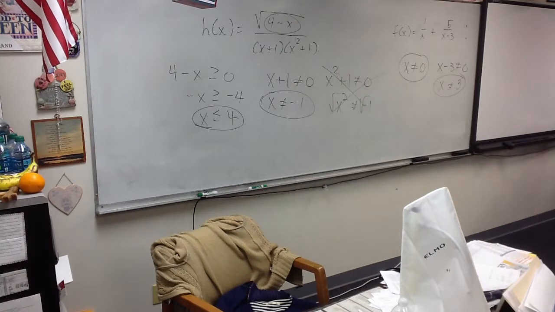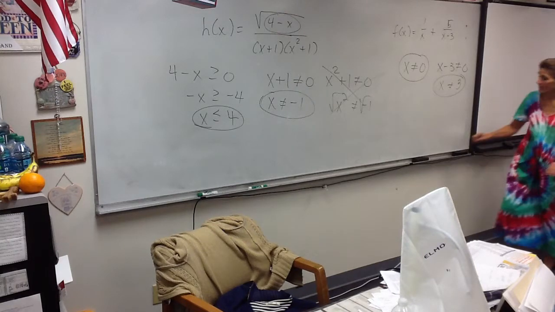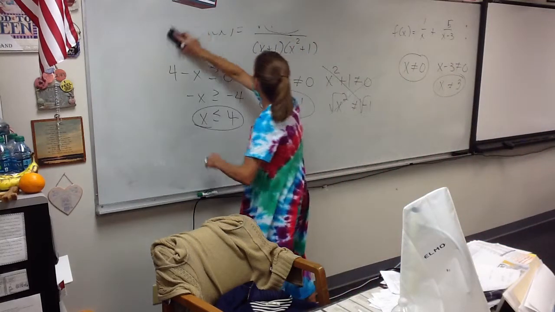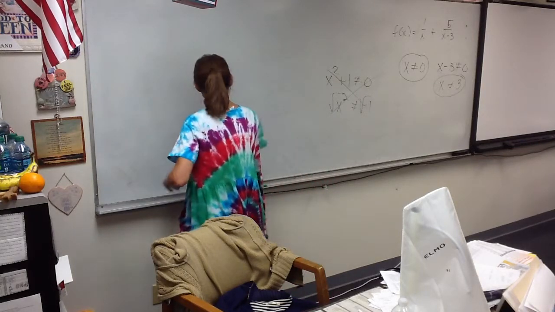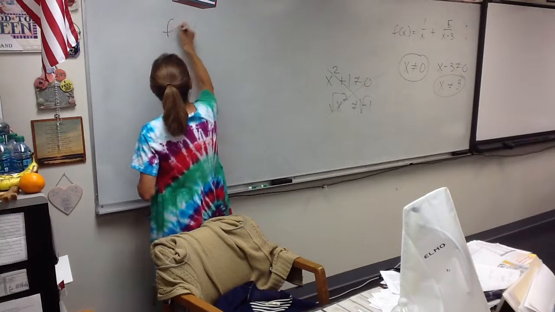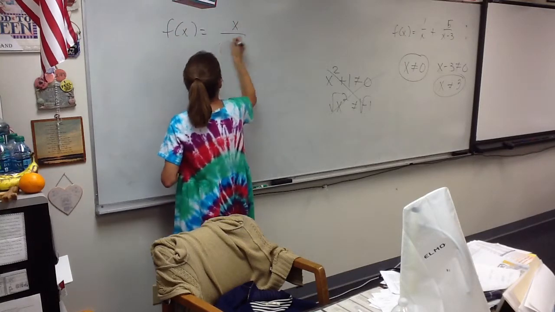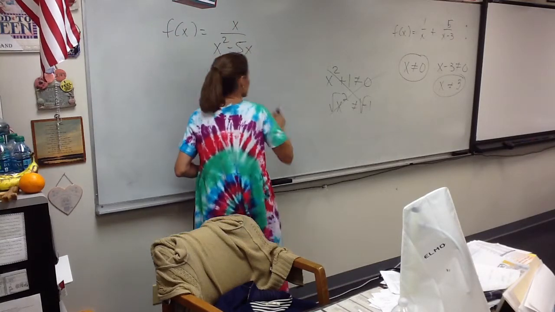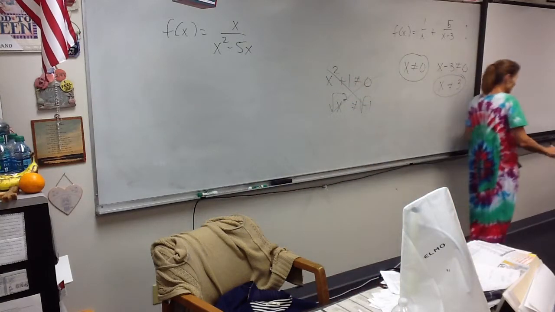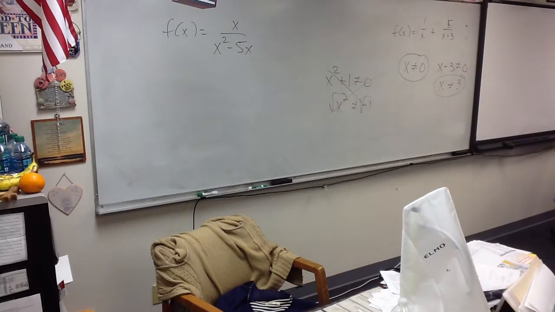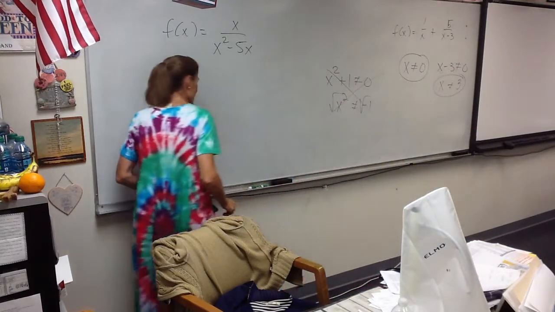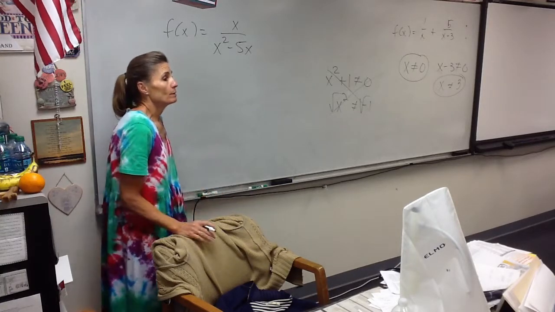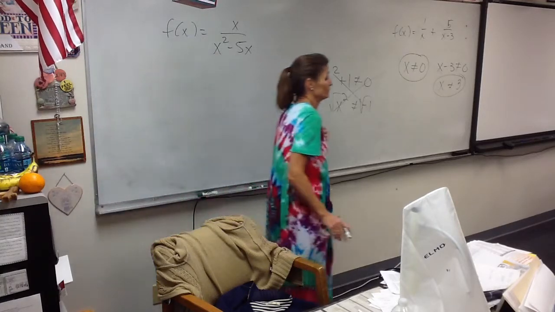13. X over x squared minus 5x. All right, Bryce. This is a great question. And it's going to lead us directly into what we are going to start with today. Did I copy that right? Yeah. Okay. Now, question is domain.